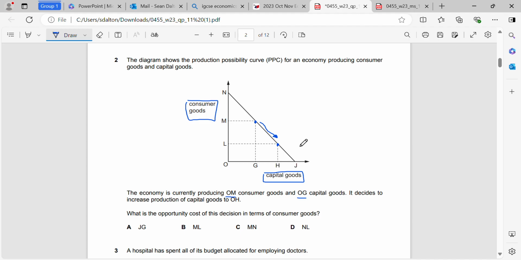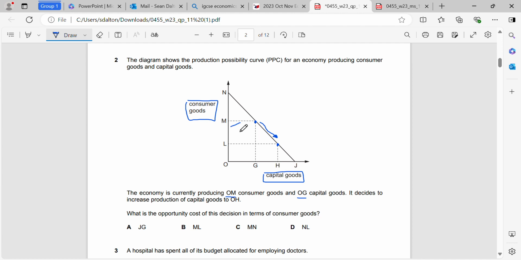When we talk about opportunity cost with a PPC, we're talking about essentially what we've given up. So we used to be making this amount of consumer goods, and we are now making more capital goods instead. So what have we given up? We've given up this area in here.